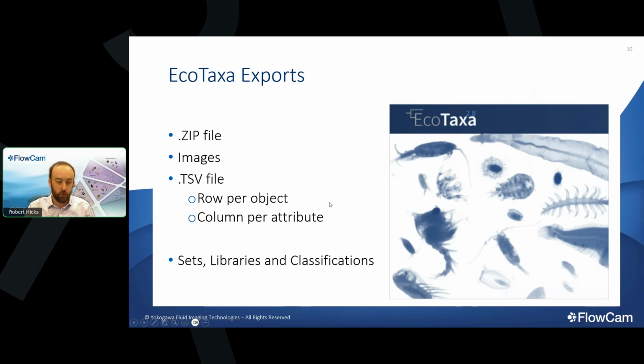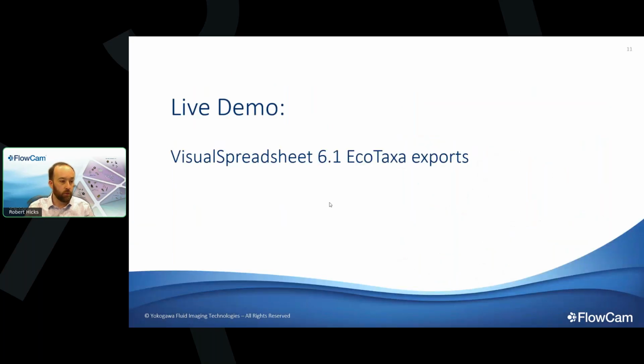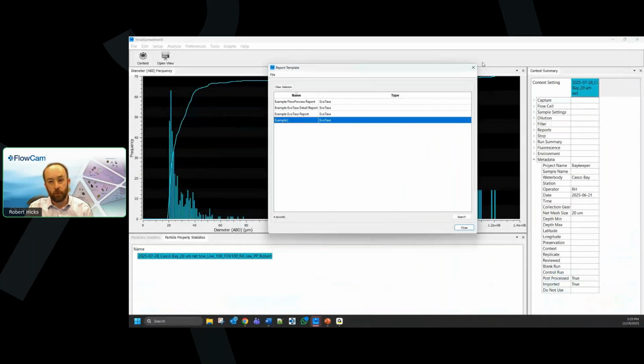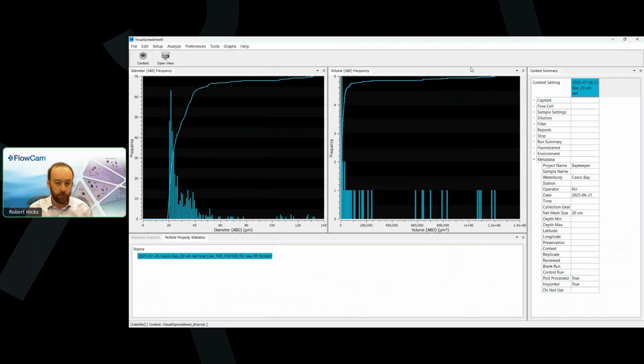And so to do that, we're going to be able to pull in all of your previously classified data, things that you've previously done a lot of work on in Visual Spreadsheet. It'll be pre-classified and pre-categorized for when you pull it into EcoTaxa, which will allow you to kind of save on the work that you've already done.